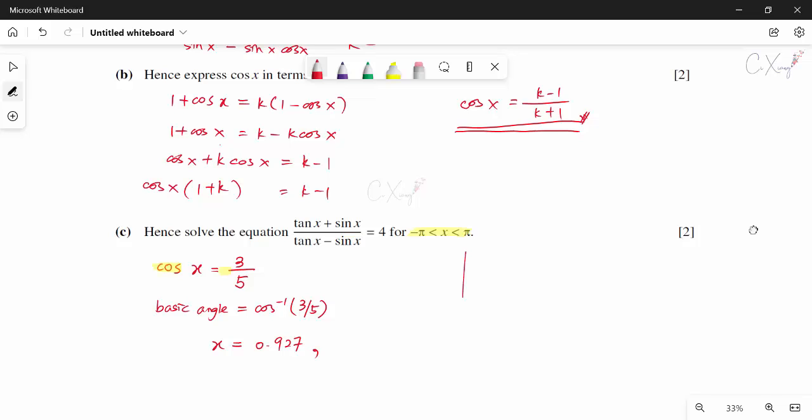And we also accept the fourth quadrant, but we have to measure it in the negative angle, which is in clockwise direction. So if you measure it like this, we have negative 0.927. So these will be the two answers for part C.